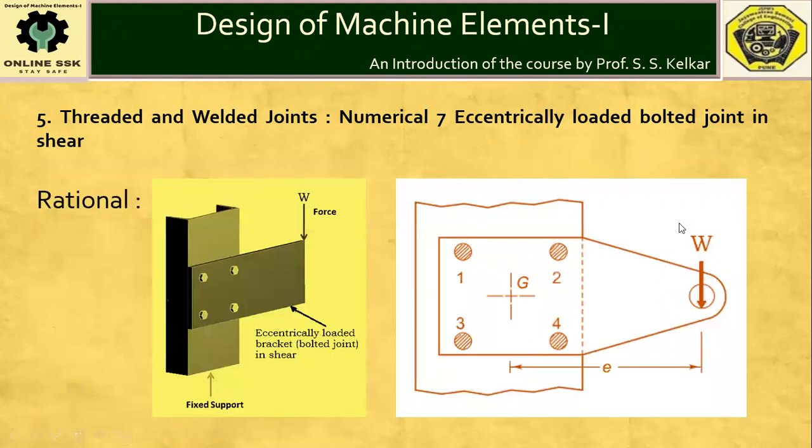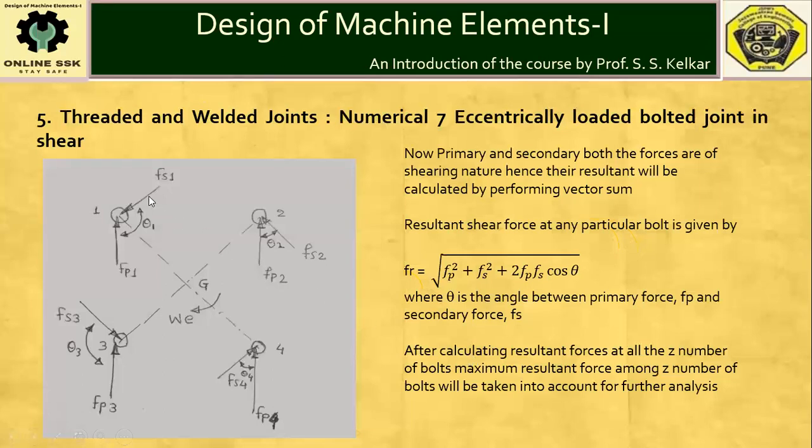Here, the applied load is in downward sense, so the primary force will be in upward sense. Its magnitude will be W divided by Z. In this case, Z is equal to 4, where Z is the number of bolts. Then we have to find out secondary shear forces, which are given by a constant C multiplied by L.